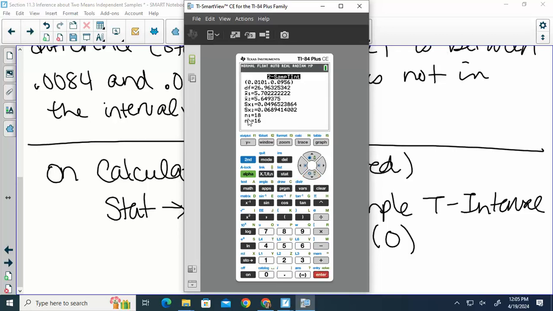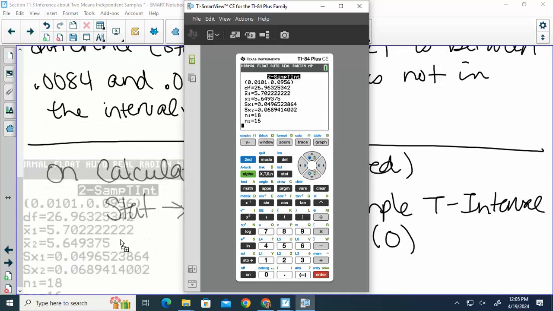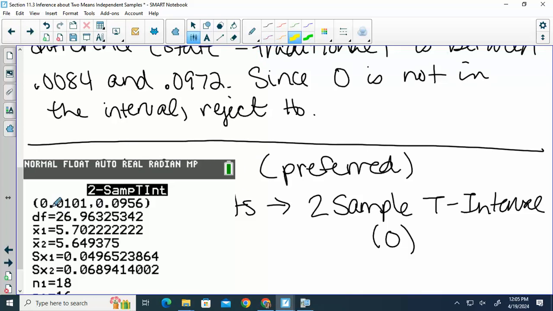Okay, so then we get our interval slightly different, 0.0101 to 0.0956, but still very close to what we had. And again, since our null hypothesis is that they are equal and 0 is not in there, we would reject.